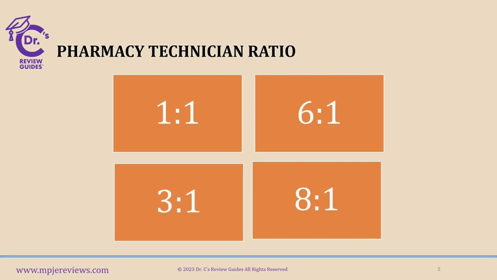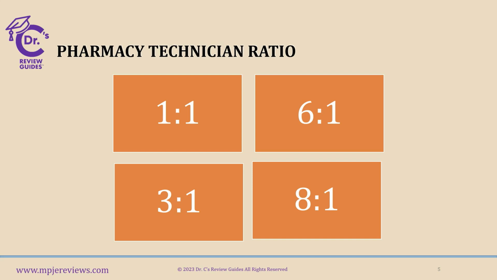I don't know why that's still even listed, because that's no longer the ratio, but it's still in there, because what it says is the ratio is 1 to 1 unless specifically authorized to expand the ratio. Well, it has been specifically authorized for every pharmacy to expand the ratio, so I don't know why they didn't change that language. The basic ratio is 6 to 1 on the bottom of page 164, because what it says is any pharmacy or pharmacist may allow a supervision ratio of up to 6 registered pharmacy technicians to 1 pharmacist.